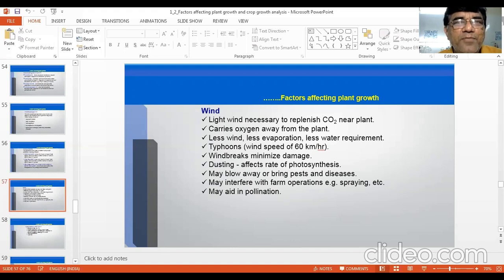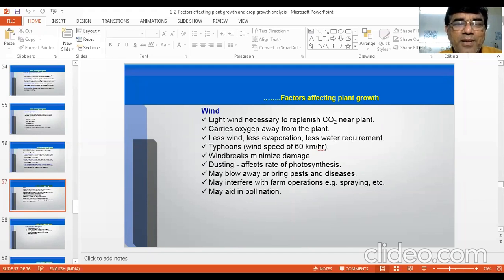It carries oxygen away from the plant. If you need oxygen, it is the job of wind to distribute the oxygen produced by the plant. So both ways it is helpful: it can provide CO2 to the plant and provide oxygen to us. Less wind, less evaporation, and less water requirement. If wind speeds are high, then you can have more evaporation.